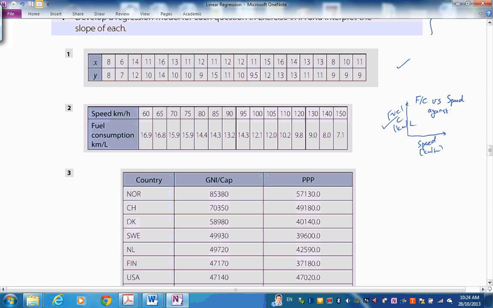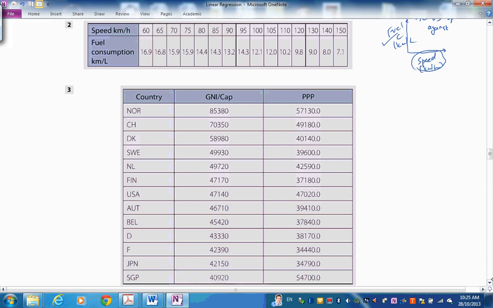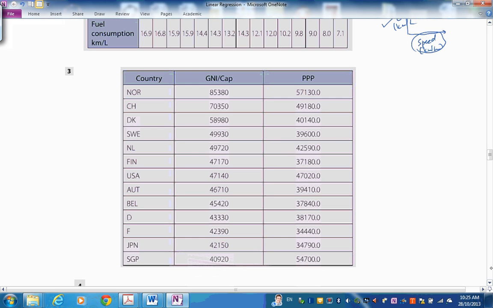Rather than drawing it, we could say fuel consumption will be plotted against speed, or fuel consumption versus speed. So the variable that comes after the word against is the independent variable. Let's have a look down here: country, and our two values here, GNI, gross national income, per capita, and I'm not sure what they measured, I'd have to go back and read that, but this was the independent variable and this was the dependent variable.